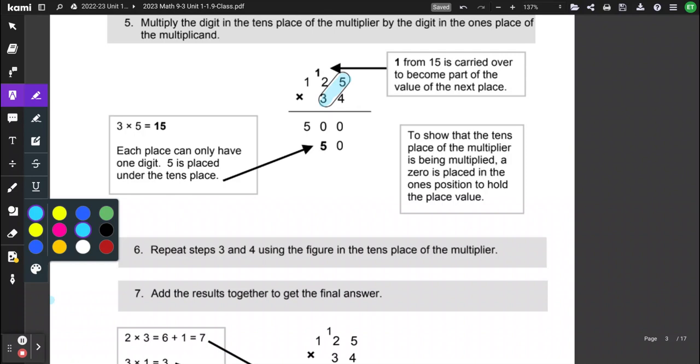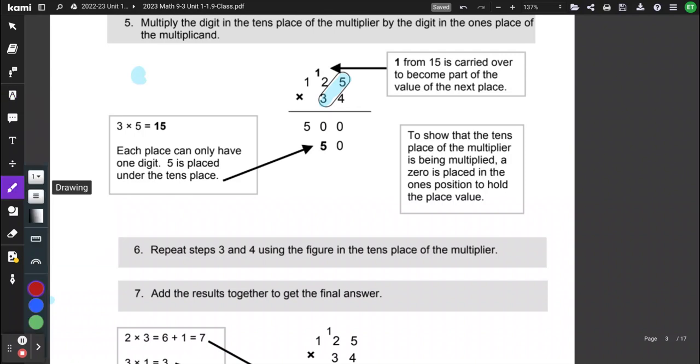Whenever they carry it, the carried over numbers go to the number on the left, the very next number on the left.